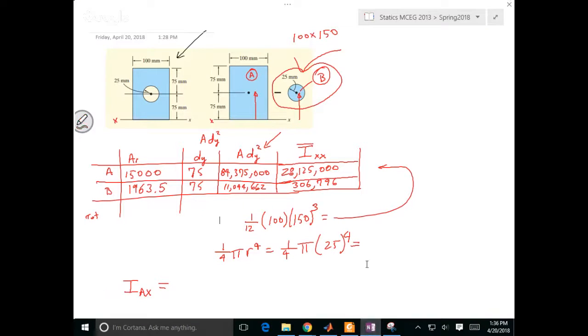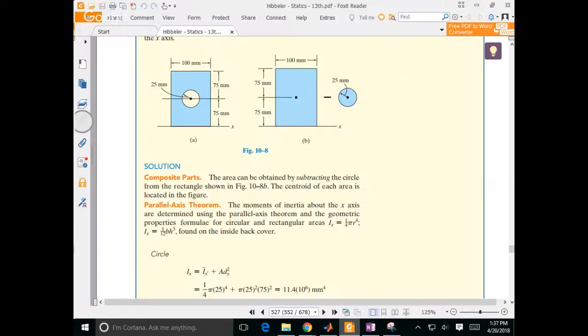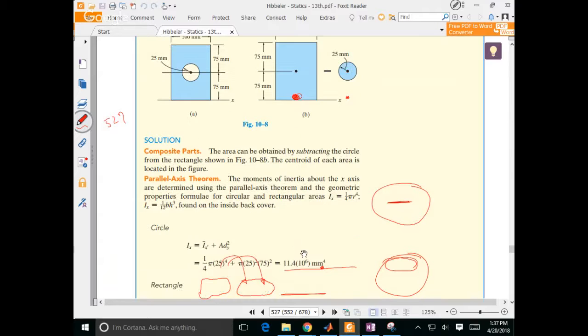If you add these two numbers together, 0.044662 times 10 to the 6th, and 0.306796, he's saying it's 11.4, which is a slightly different value than mine, but that's okay.